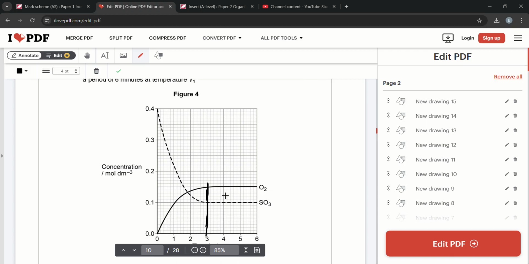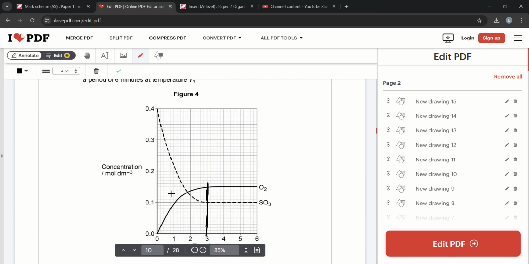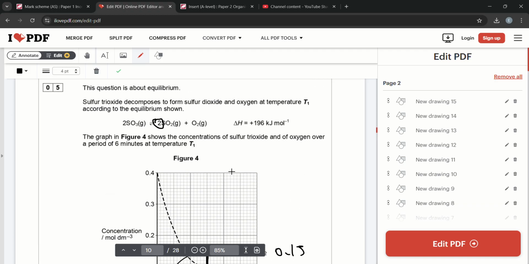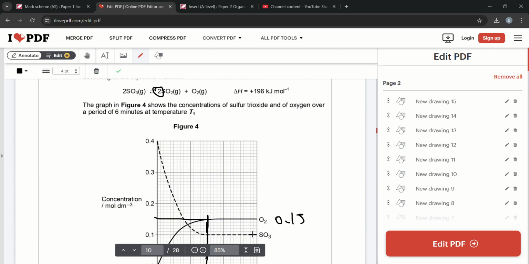Right, so oxygen is here at 0.15. Therefore, sulfur dioxide must have the highest peak at 2 times 0.15, 0.30, which is here.